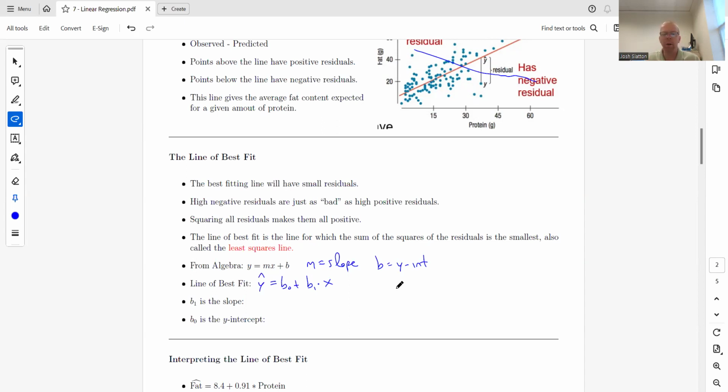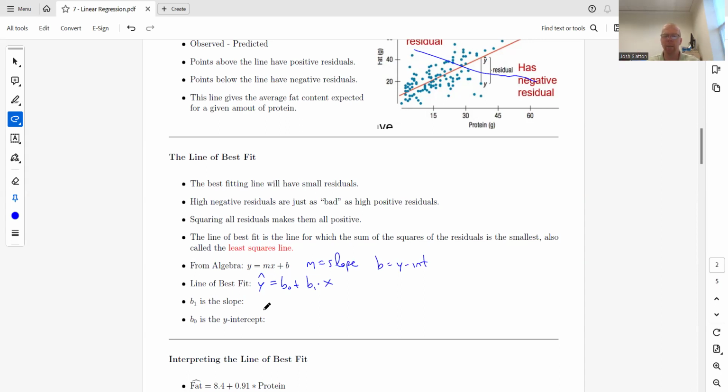So b1 is the slope. Now, what does slope mean? That's very important. A lot of times we don't talk about this in algebra classes. Sometimes we do, but not always. Everyone knows slope is rise over run. The rise is the change in y. The run is the change in x. So if the slope is 5, that means you go up 5 over 1, up 5 over 1, up 5 over 1.